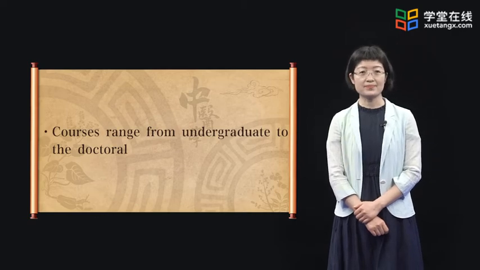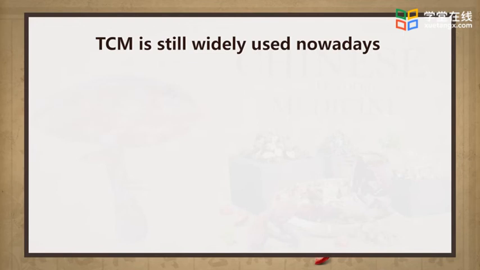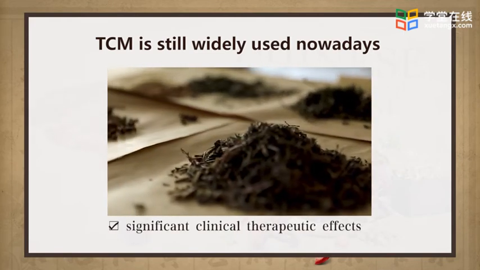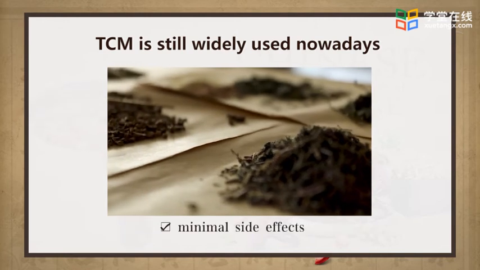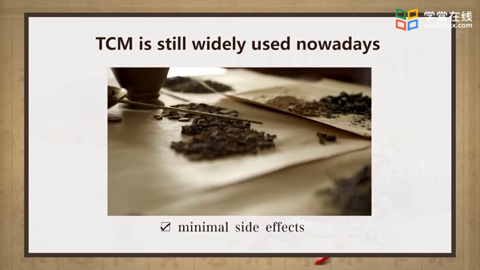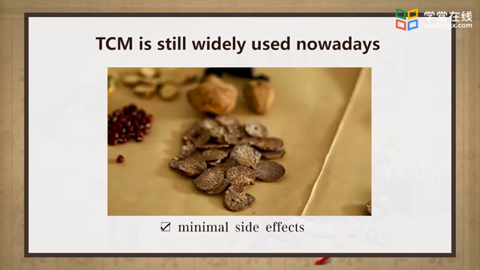TCM is still widely used nowadays because it has significant clinical therapeutic effects with minimal side effects. It may have better effects on some disorders, such as metabolic disorders and emotional disorders.